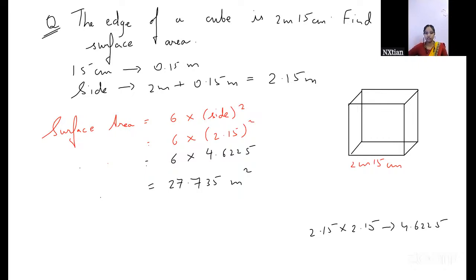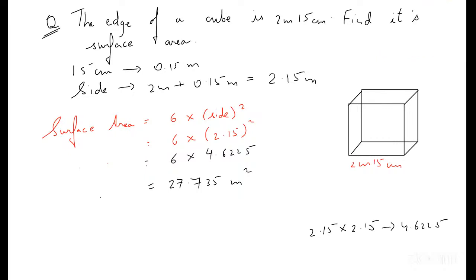So we find out side square, that is the area of one square, multiplied with 6. Write it down and we'll move on to the next part. I'm done writing.